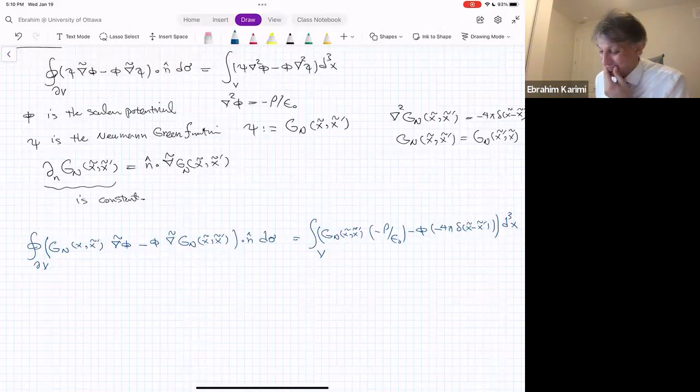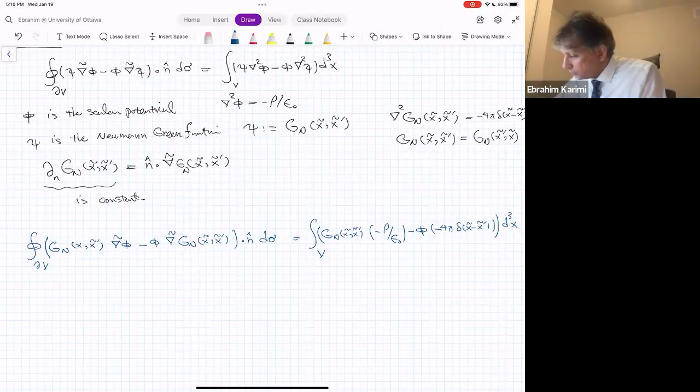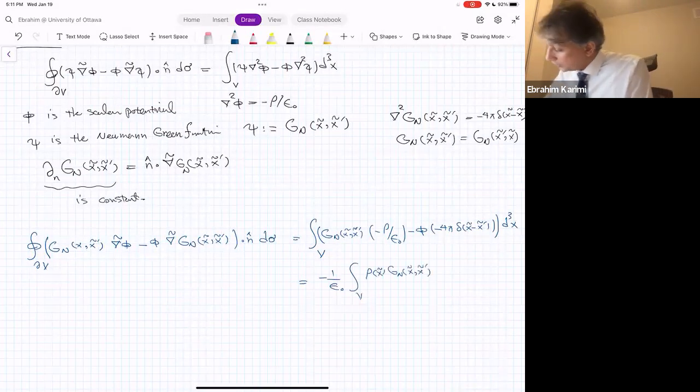All right. So again, that will be minus 1 divided by epsilon naught integral of rho of x, G_N of x and x prime, d3 of x prime, plus 4 pi phi of x prime.